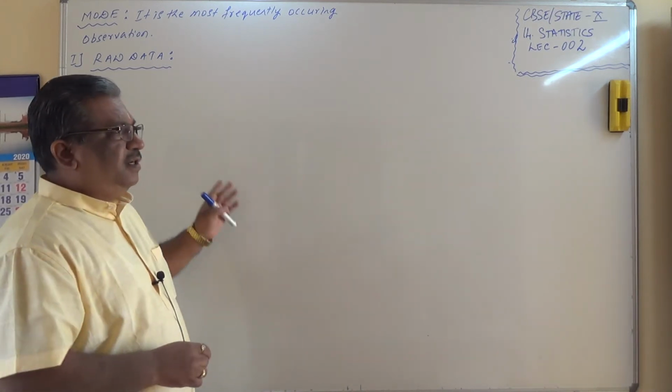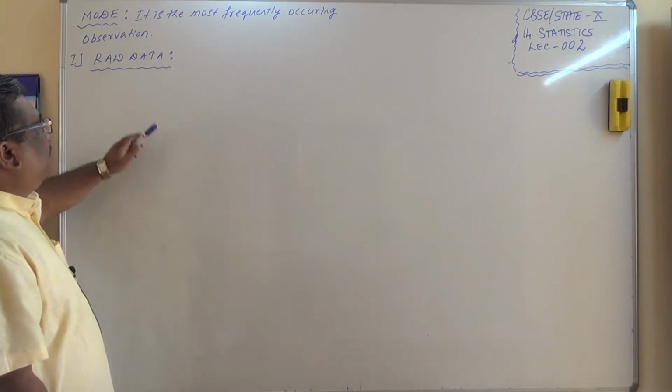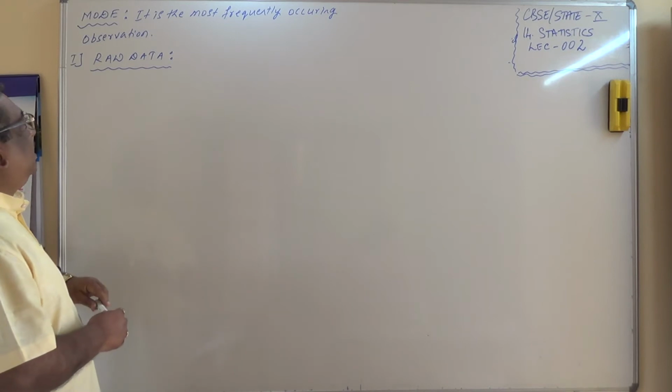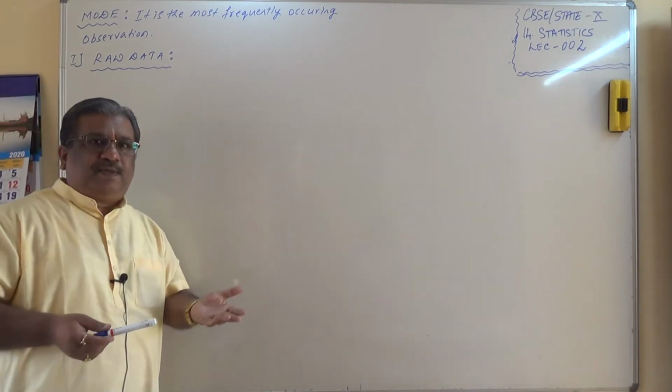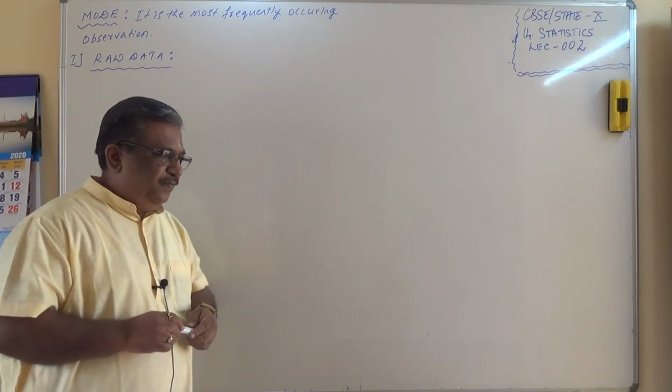Now the third measure of central tendency, which is called the mode. What is mode? It is the most frequently occurring observation. In simple terms, the most frequently occurring observation is called its mode.